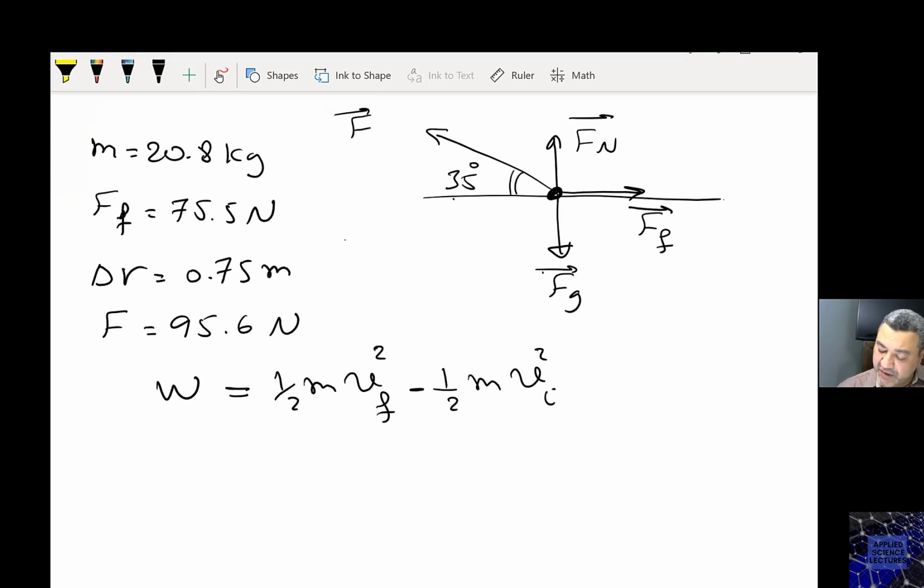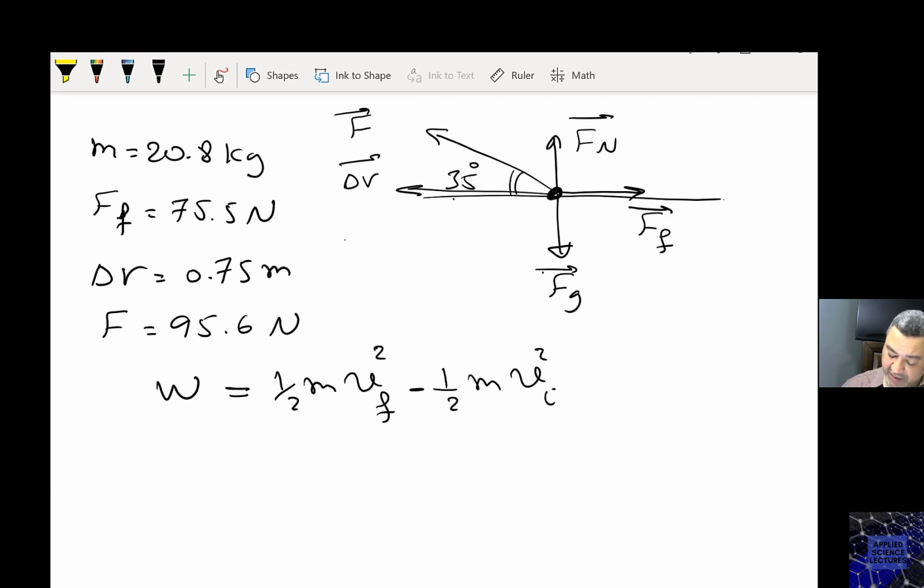The only forces that will contribute are Ff, which has an angle of 180 degrees between the displacement and the friction force, and also F, which has an angle of 35.